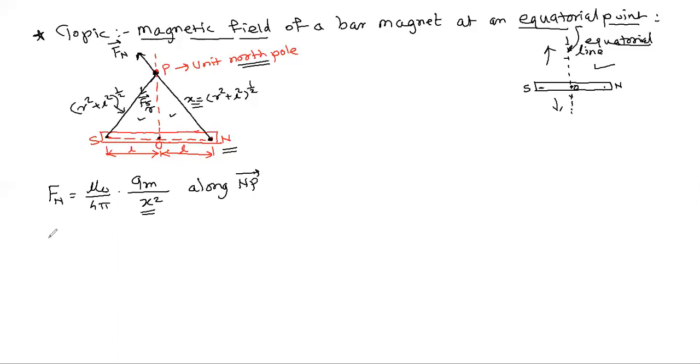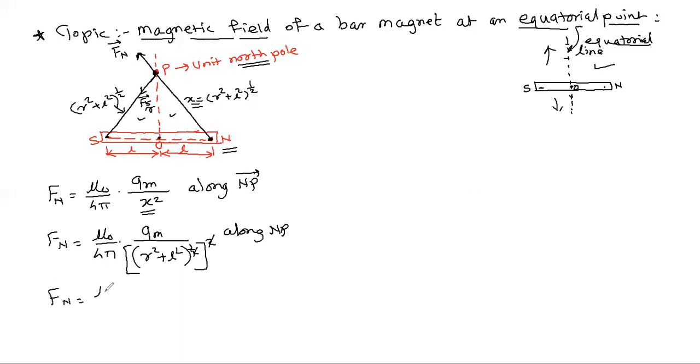So ultimately you will get Fn is equal to mu 0 upon 4 pi Qm upon (r square plus L square) raised to 1 by 2, whole square, that will be along NP. So just these two will get cancelled here. So I can write Fn is equal to mu 0 upon 4 pi Qm, where Qm is nothing but the pole strength of the north and south pole, upon r square plus L square. Okay, this is the value of the force due to the north pole.